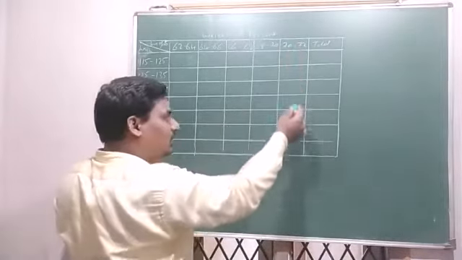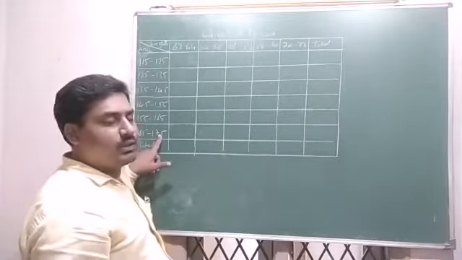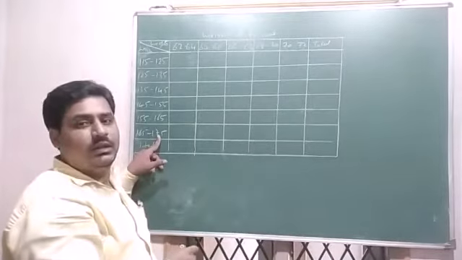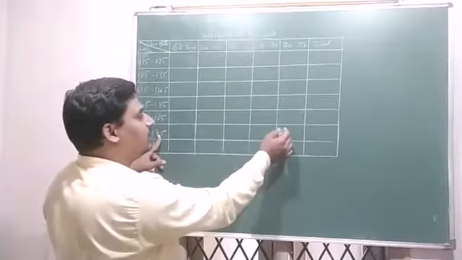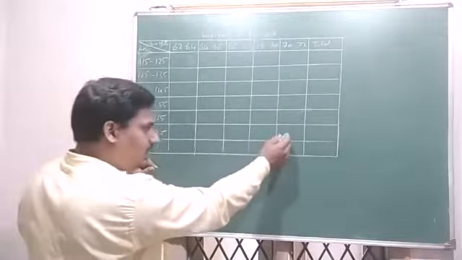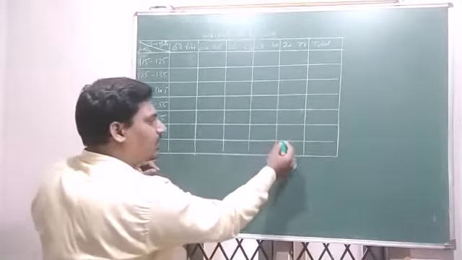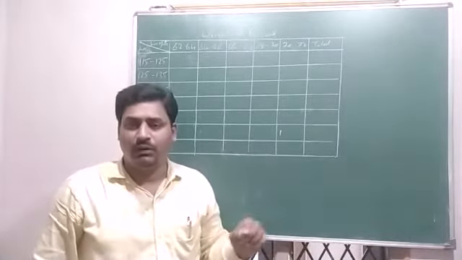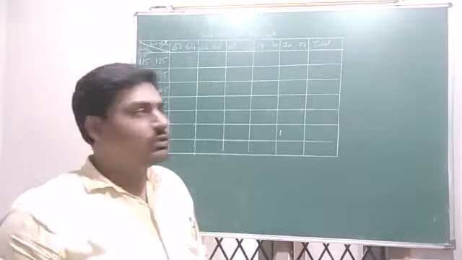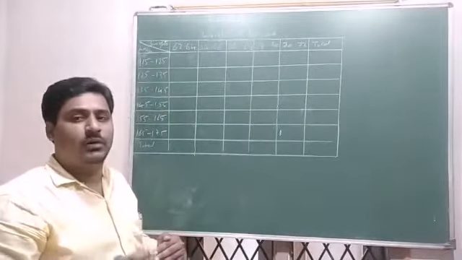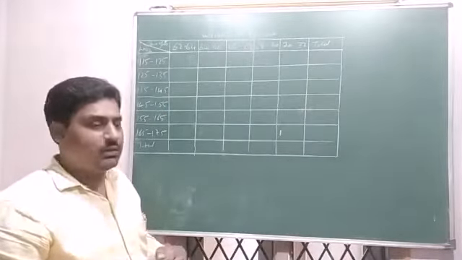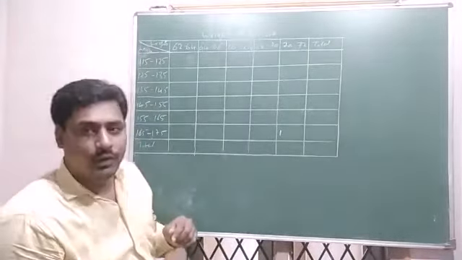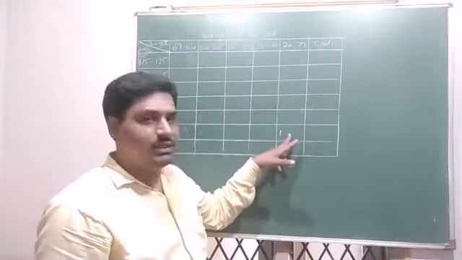So come down in this column and go forward in this row. Where it lies, 70 kg and 170 here, mark one tally mark, not the number 1 2 3, tally marking. This is how we have to look for both height and weight simultaneously. So 170 centimeter height and 70 kg weight both lie in this cell.